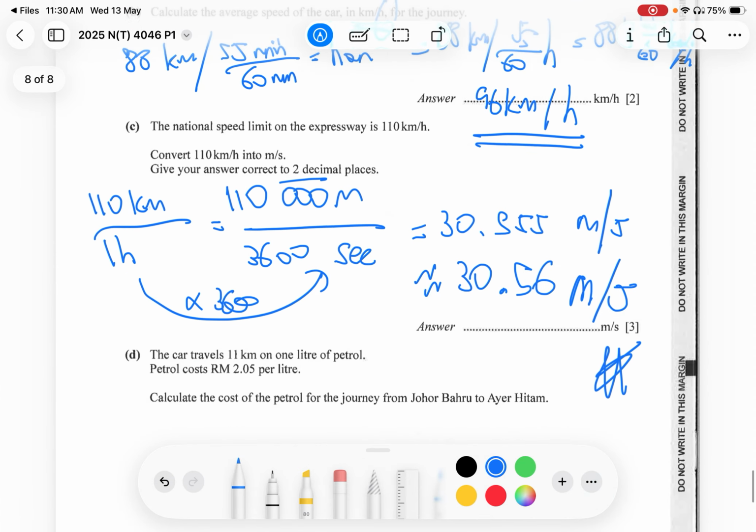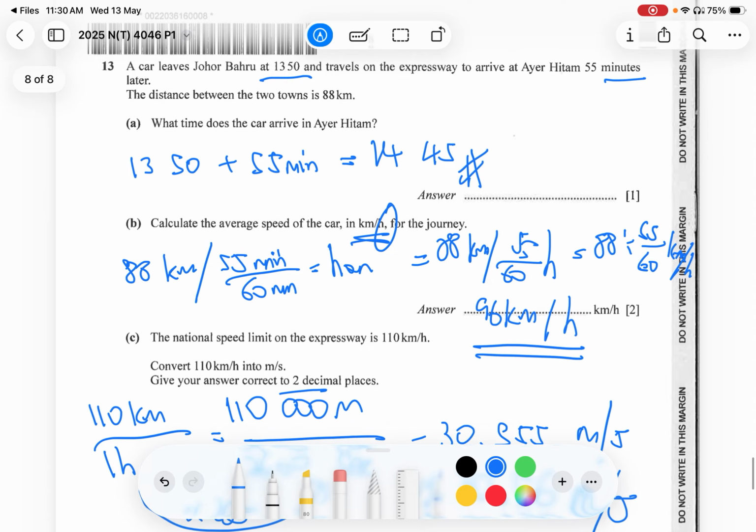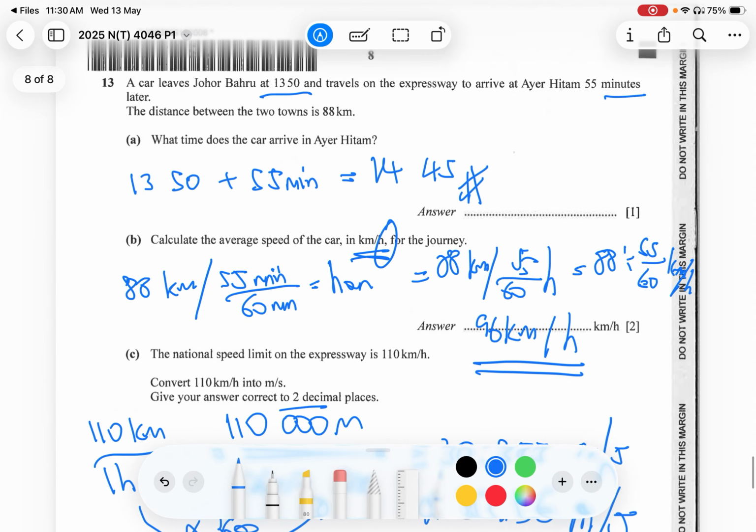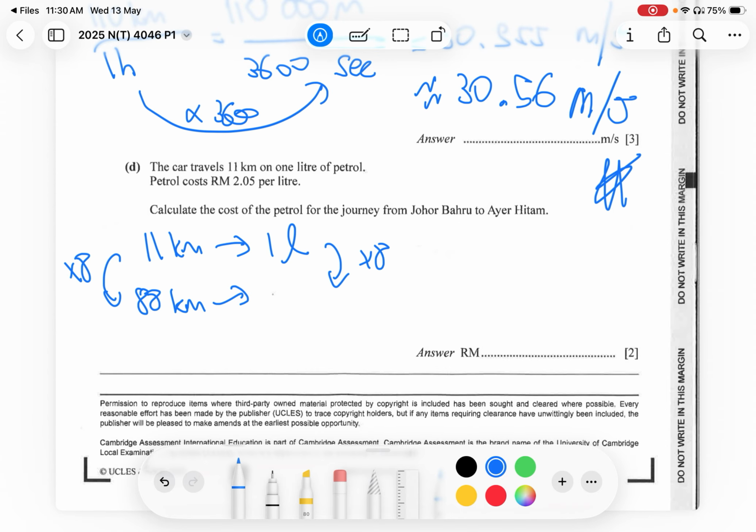You travel 11 km on 1 liter. It costs 2.05 ringgit per liter. Find the cost of Johor Bahru to Ayer Hitam. It travels 88 km. So it's 11 km to 1 liter of petrol. It travels for 88 km. Here I know it's times 8. So here I times 8 also. It takes 8 liters.